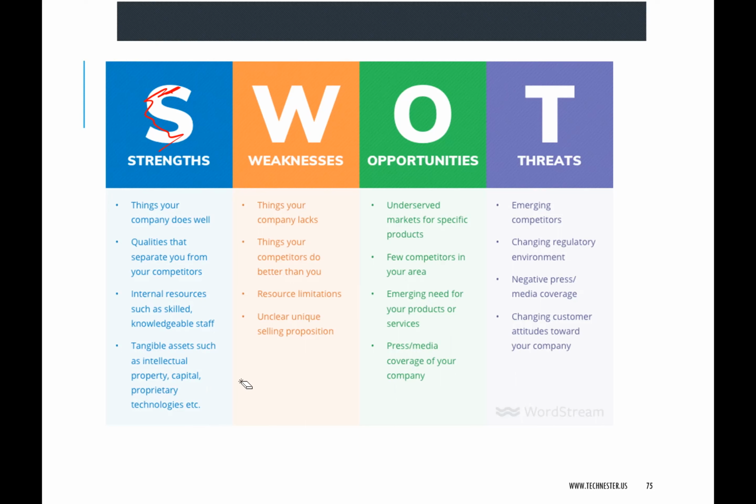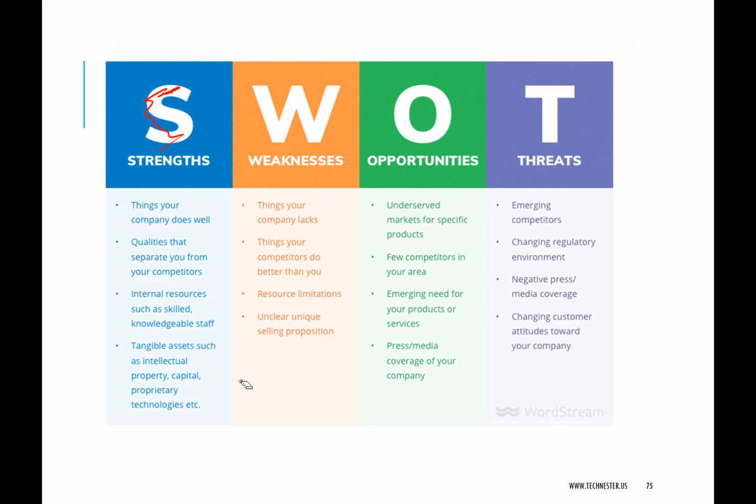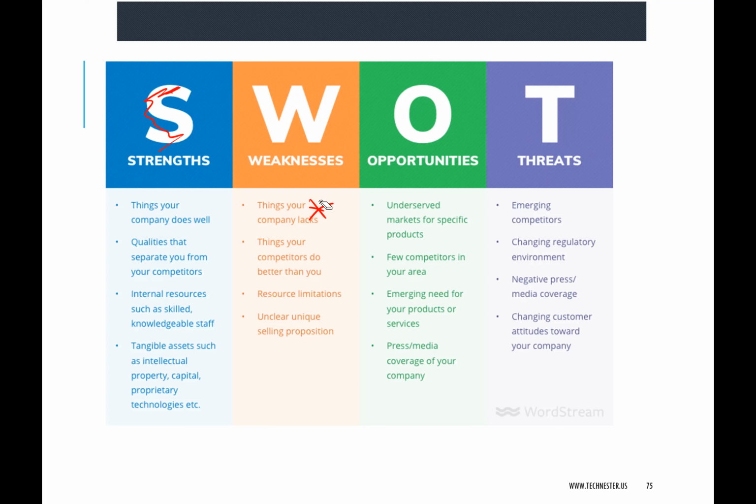Then after looking at your strengths, you start exploring your weaknesses. What are the weaknesses you have? So things your company lacks. What are the things that this company or this product lacks or is not doing well? What are the things our competitors are doing better than us?